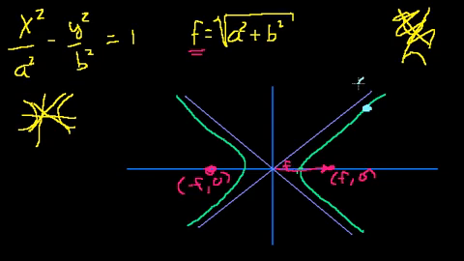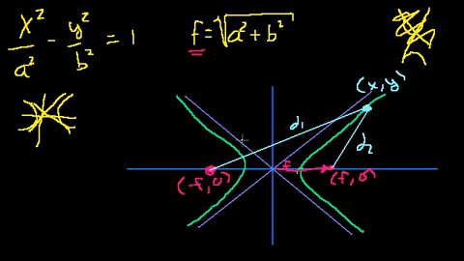So if this is the point x comma y, and it could be any point on the hyperbola, and we take this distance right here, let's call that d1, and subtract from that the distance to the other focus, call that d2, that number is a constant regardless of where we are on the hyperbola.